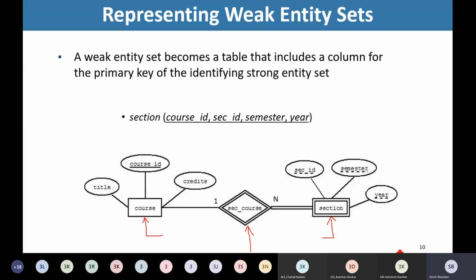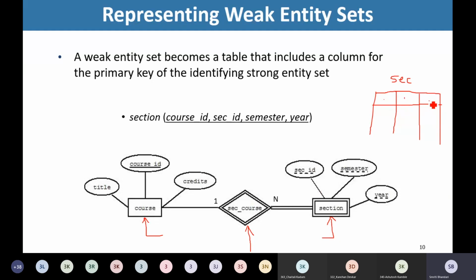So, see what we are trying to do. We are trying to convert our weak entity set into the corresponding table. So what we will have is, we will definitely have a new table for this weak entity set, that is section. Okay, whatever are the attributes of this weak entity set, no doubt these attributes will be present in my table.